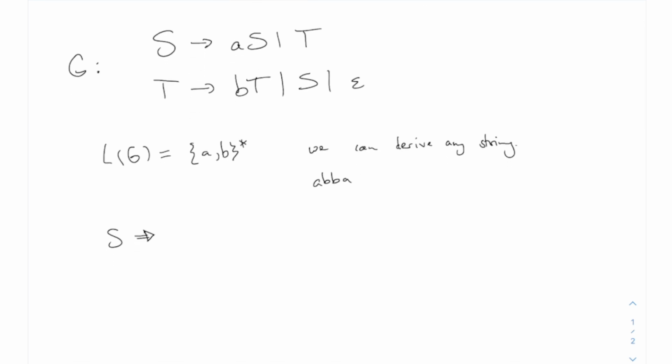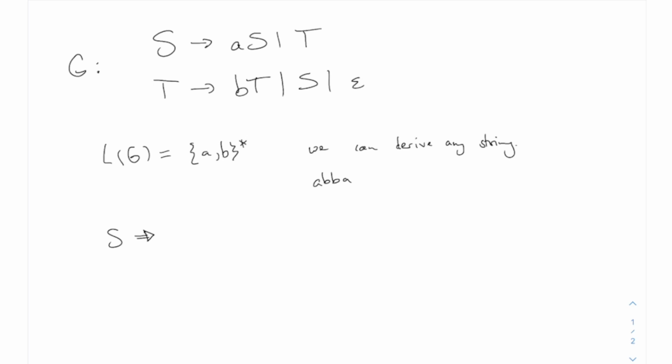I want to make A, B, B, A. Well, to get the A first, you look at this line here. It says S can either turn into AS or it can turn into T. Question? My derivation, the last thing I'm going to do is to plug in that epsilon. Yeah, that's right. That's not always the case, but in this case it is.